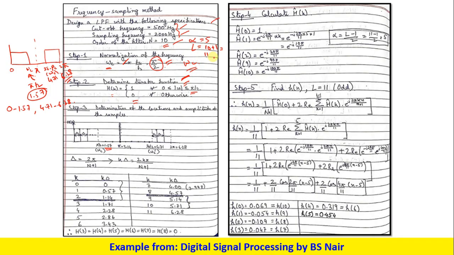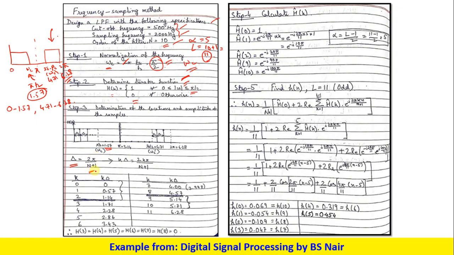Now we have to sample this frequency response such that the whole frequency spectrum from 0 to 2 pi has 11 points. How to do that? We do this by finding a delta omega, or delta frequency component, which will be given by 2 pi by 11.